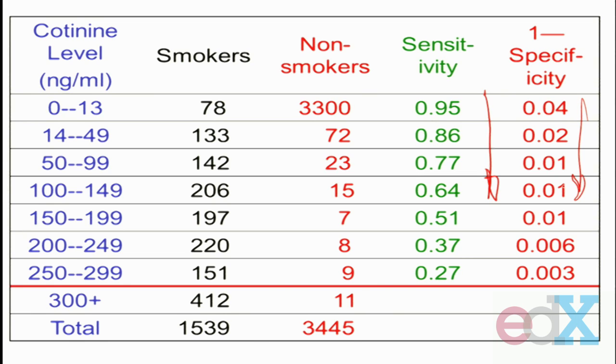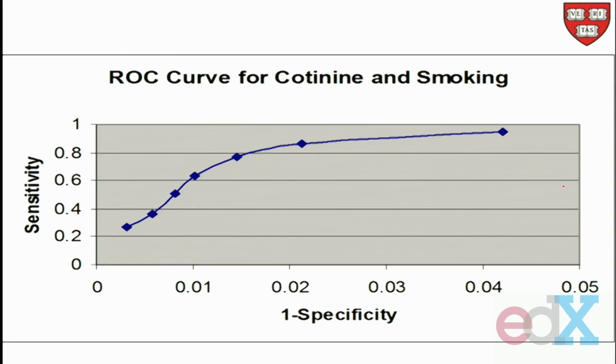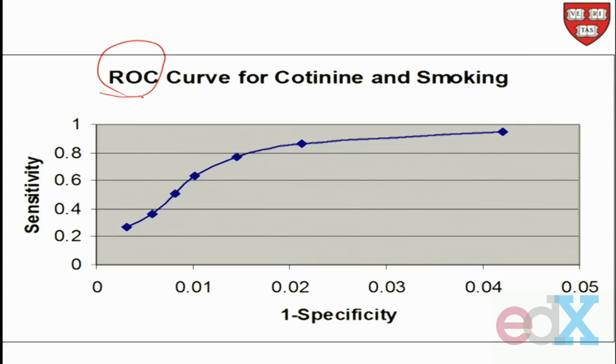We can plot this, and there is the plot, and that is called the ROC, the receiver operator characteristic curve. This comes from World War II signal detection, but we just call it ROC now because nobody remembers what it really stands for. But anyway, there is the ROC curve.